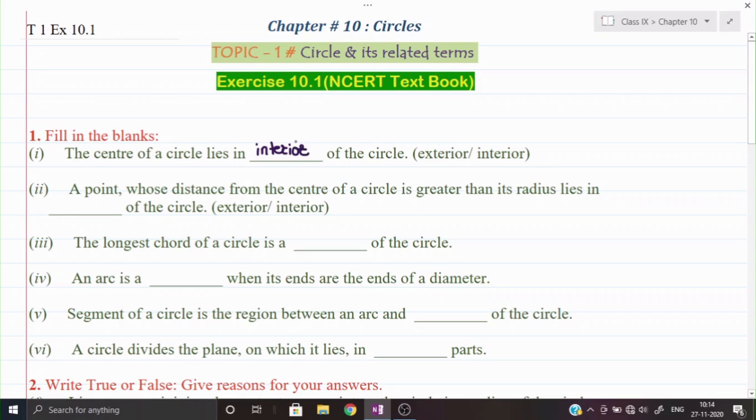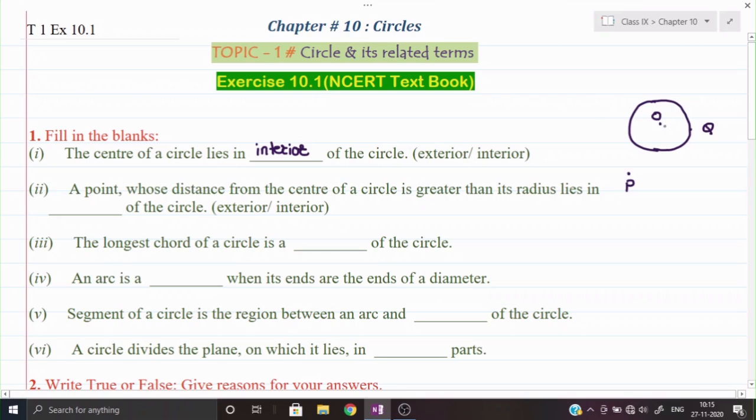Then similarly, a point whose distance from the center of a circle is greater than its radius lies in dash of the circle. Suppose there is a circle, and in this circle we have a point P, and point O as the center, and I take a point Q on the circumference of the circle.